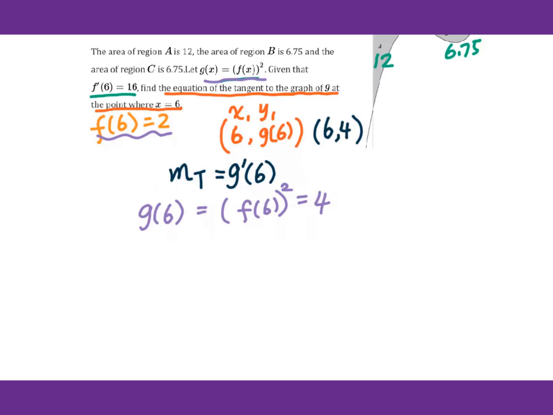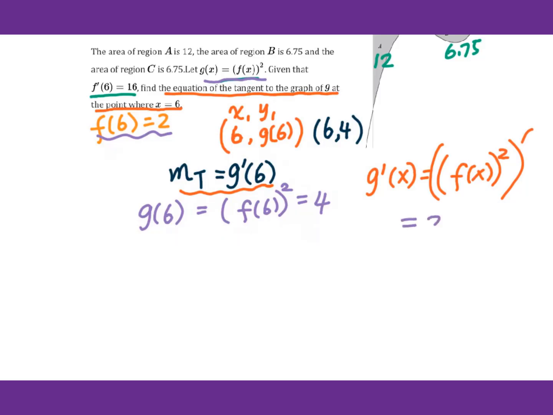How do you get this? Let's check g prime of x. G of x equals f of x squared. Then you take the derivative, so you get 2 f of x times f prime of x.